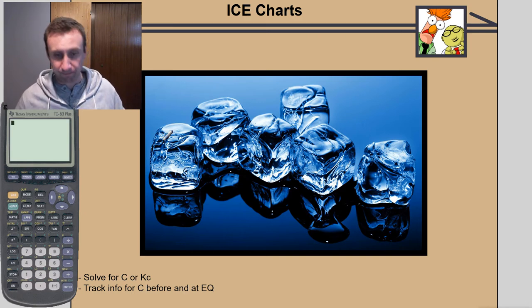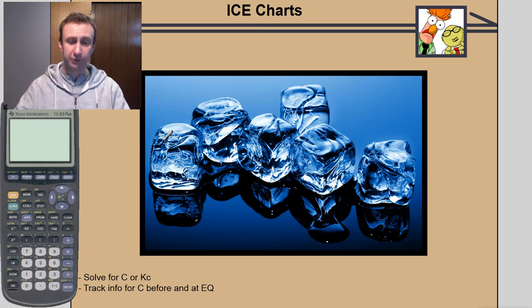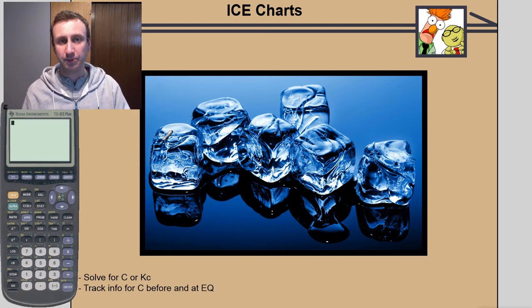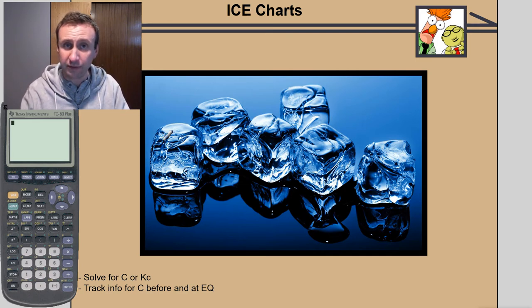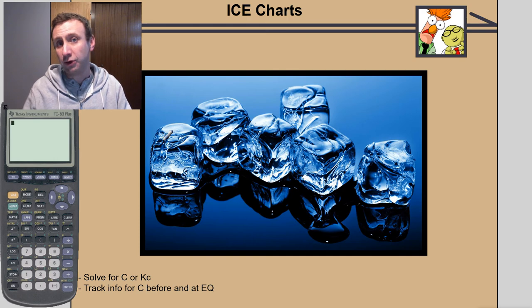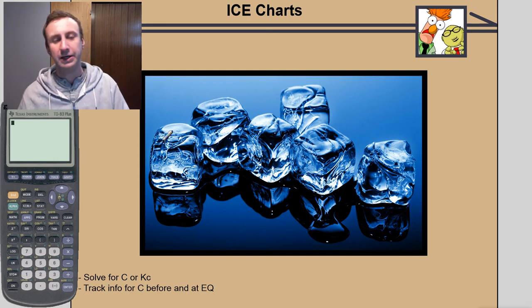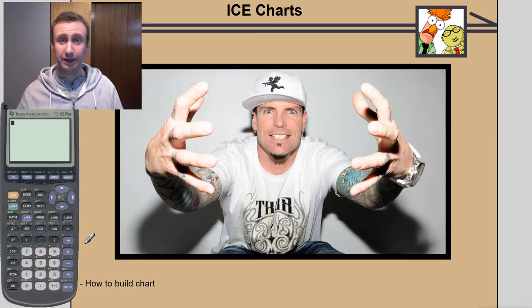In that case, we track info for concentration before and at equilibrium. We relate it because of the change between initial and equilibrium concentrations. And then using molar ratios, we can find the change for other chemicals to solve for stuff. But you're going to see it. It's going to all make sense once we actually get into the work. If what I said so far is just way out there, we'll get there. It will all make sense with the examples.